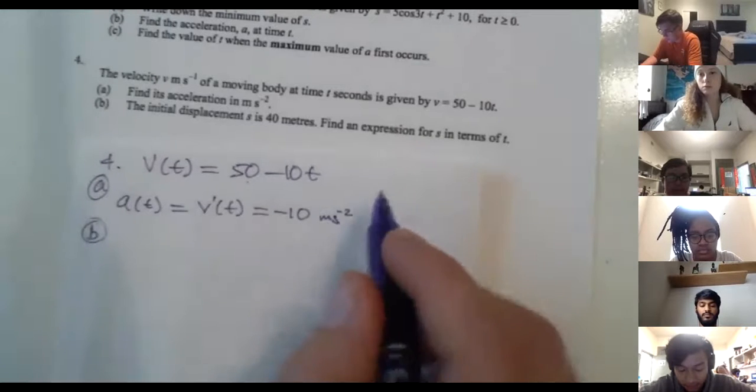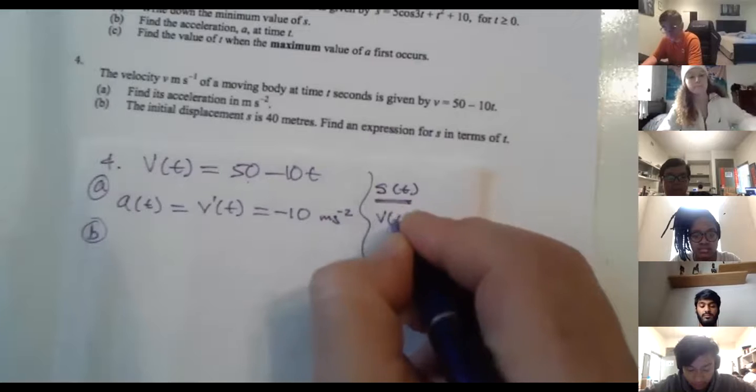Let's look at part B. Part B says the initial displacement S is 40 meters. Find an expression for S in terms of t. All right, so what makes this problem different is the following. Most of the time in the examples that we have done, the position function has been given to us.